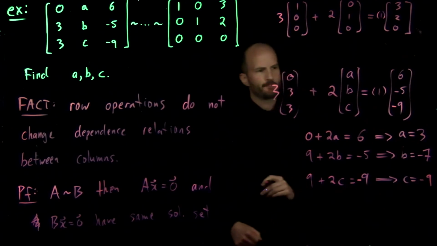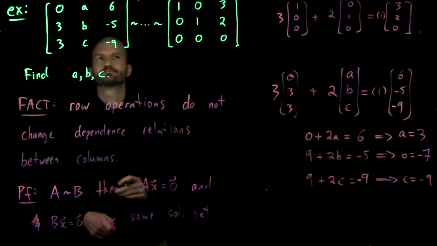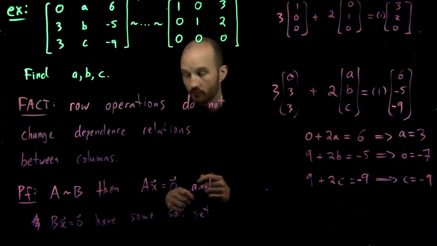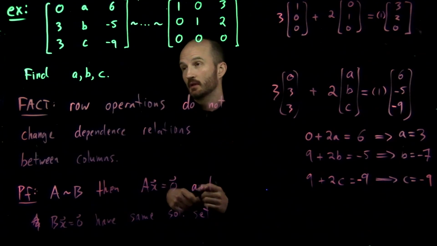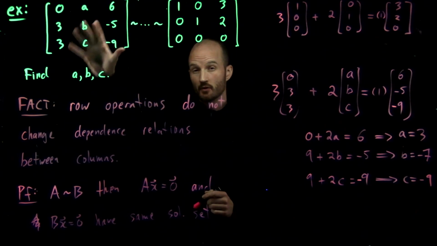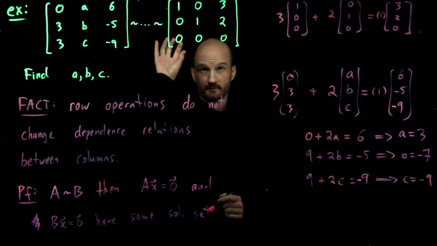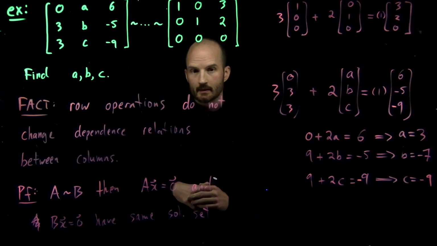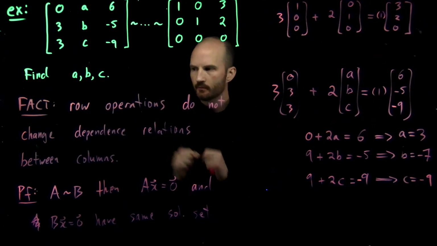All right. Recap. I want to find A, B, C. I mean, there probably is a way to row reduce this and then just force it equal to this one and try to figure out A, B, and C. Good luck. Better to use this fact.